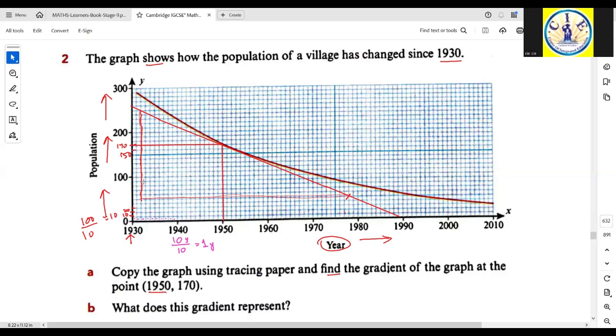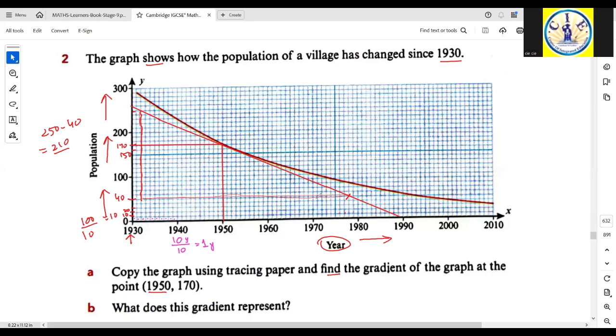So when we count them, that could be from here. Starting point is 40 and the terminating point is almost 250. So change in y is 250 minus 40, that is 210, divided by change in x.